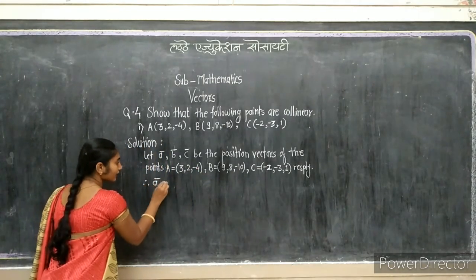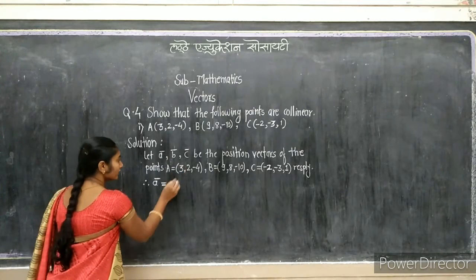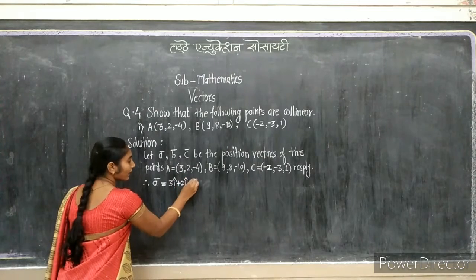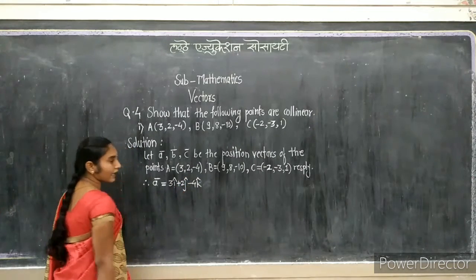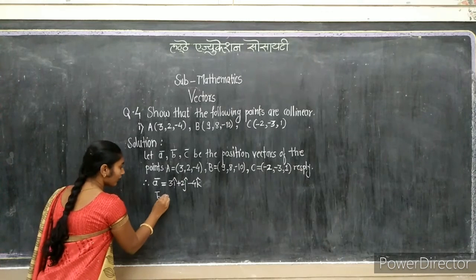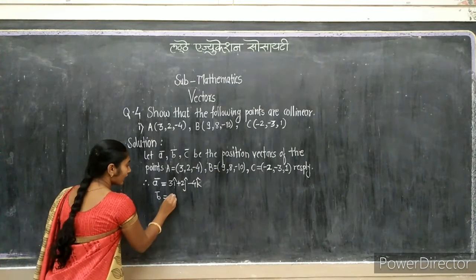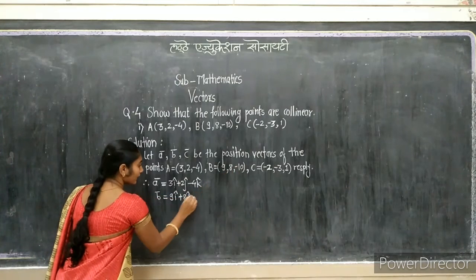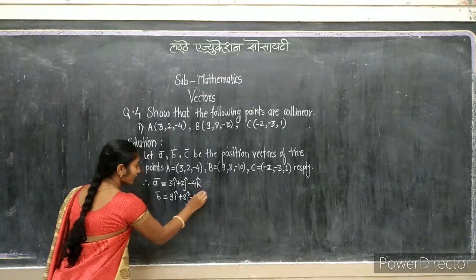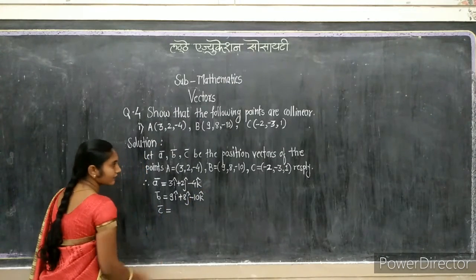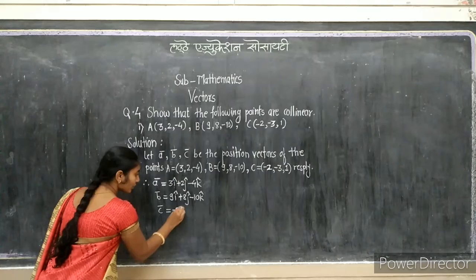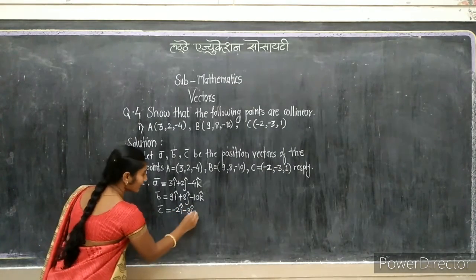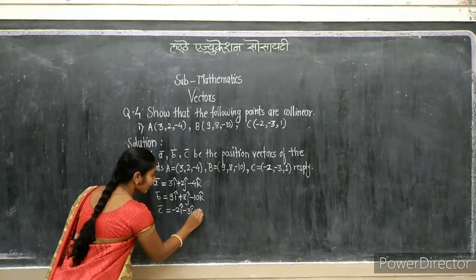Therefore, the position vector A bar is 3i cap plus 2j cap minus 4k cap, B bar is equal to 9i cap plus 8j cap minus 10k cap and C bar is equal to minus 2i cap minus 3j cap plus 1k cap.